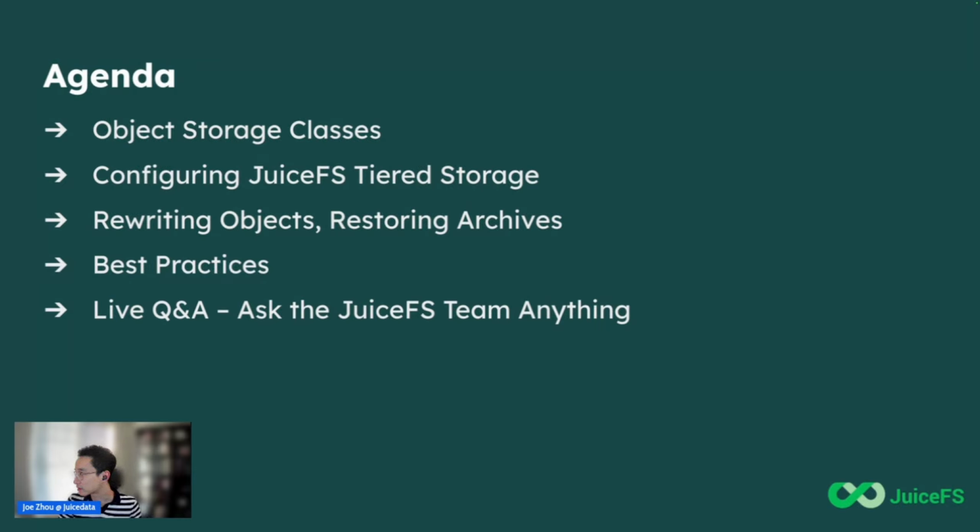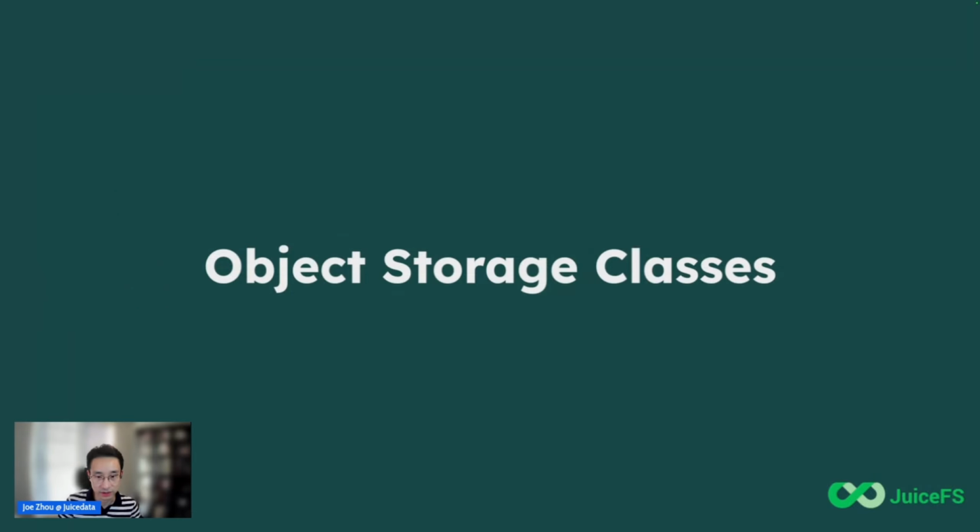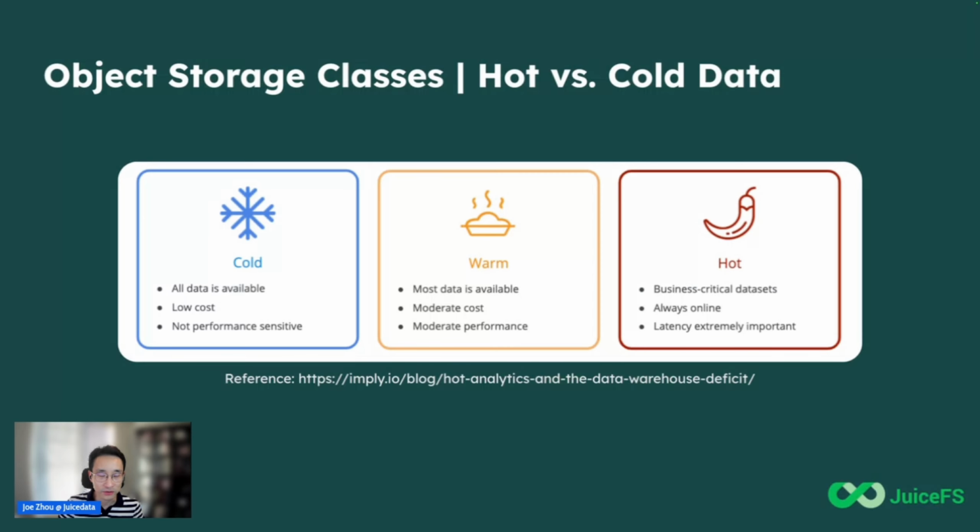Cool. So first off, the object storage classes. What are these? We all know that data is eventually going to turn cold. So we have hot data, which is probably the most recent and also very business critical.